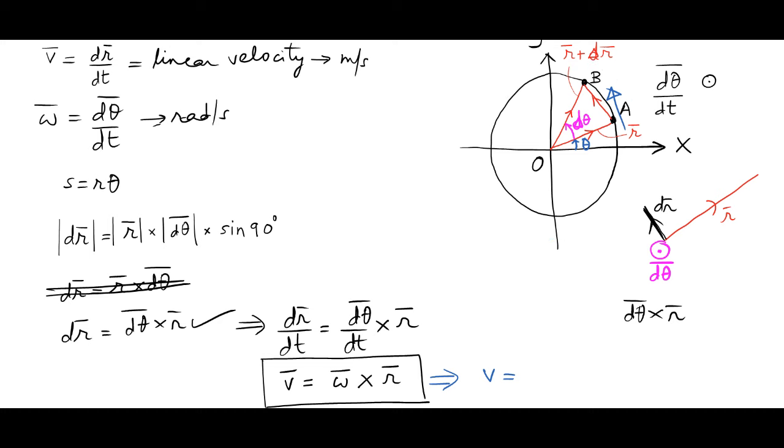So if the motion is anticlockwise, it will mean omega is out of the plane of the screen. So that's the conventional direction for omega bar.